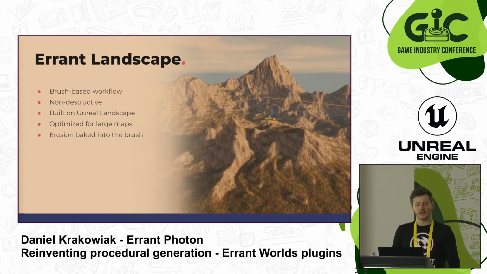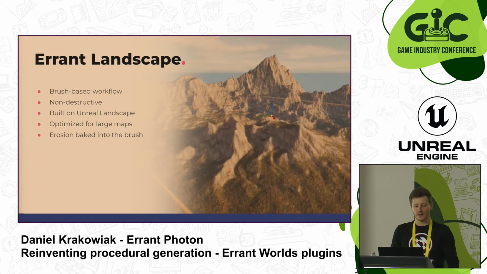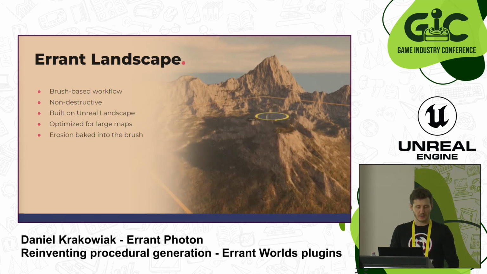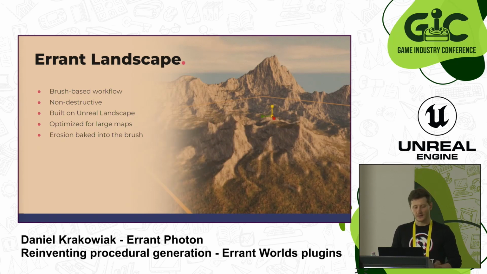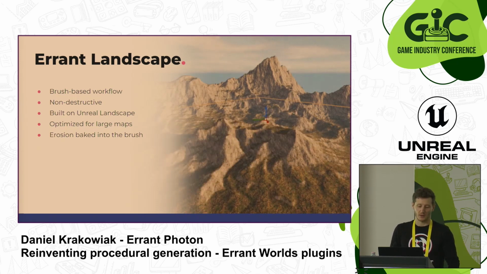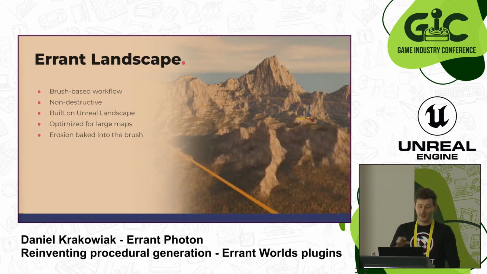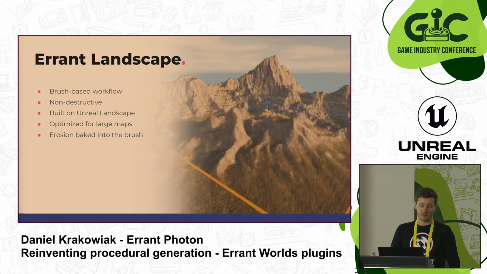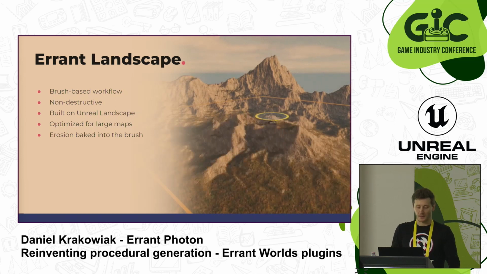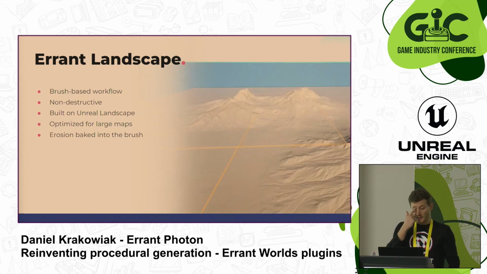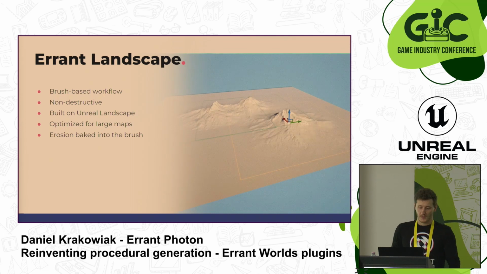You have something like that in Unreal, with blueprint brushes. It's just not optimized for large maps at all. If you put many brushes or your map is larger, it slows down to a halt. In here, some of our customers are placing thousands of these brushes on large maps, and it's working well. And here's an example of how this workflow looks.